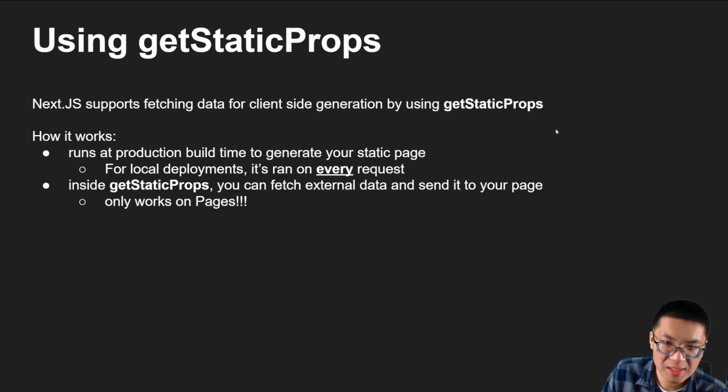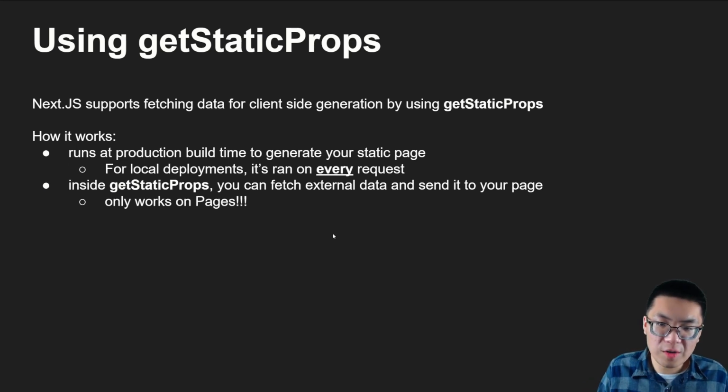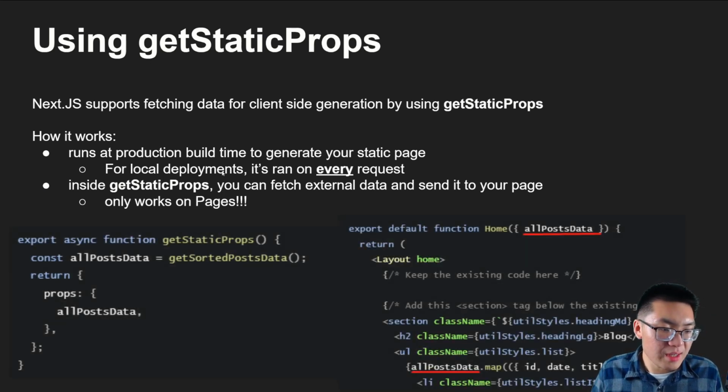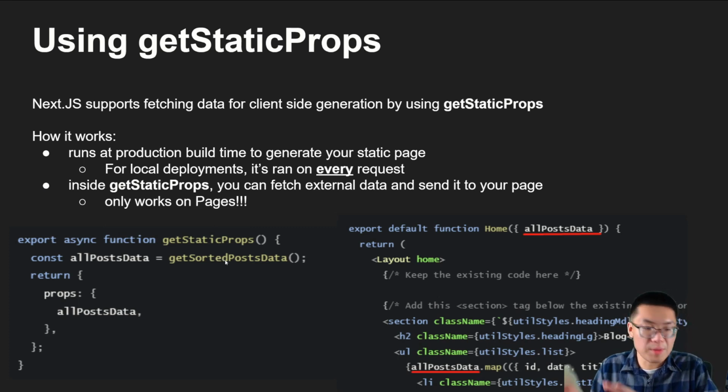So how it works is that getStaticProps is code that is run on the server side. Whenever you do your next build on Next.js to generate your production page, Next.js would call the code that you implemented in getStaticProps, and this would do things like maybe get data. So here's an example. Here's a getStaticProps function, and let's say it calls some function to get all your blog posts, or a blog post, and then you just return that as a prop to your component, which then is used.